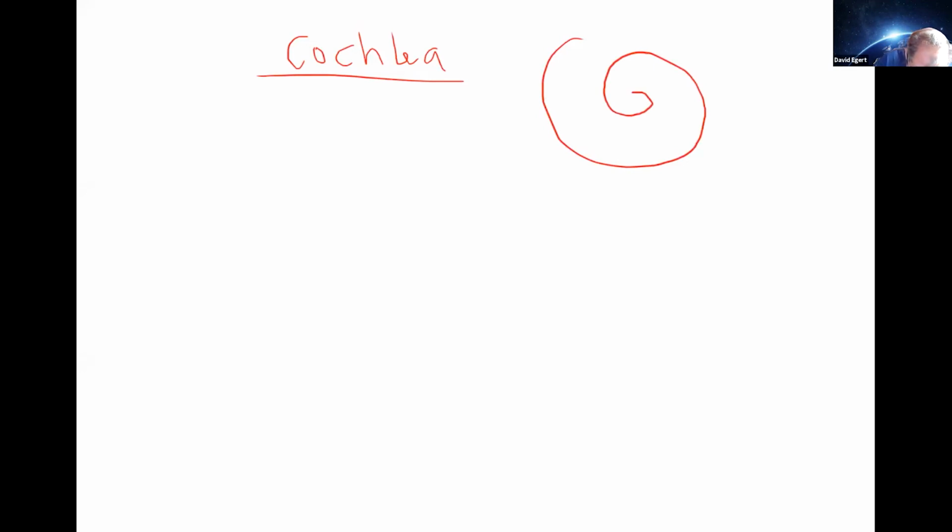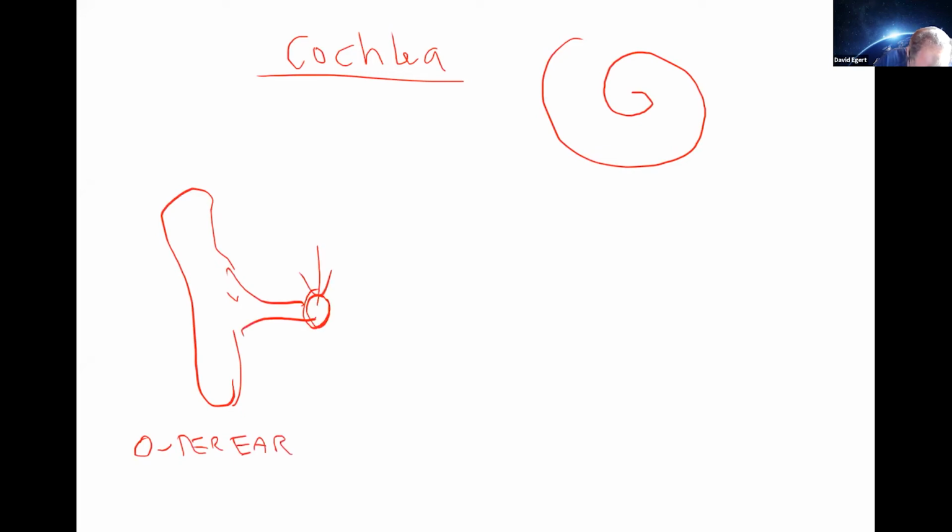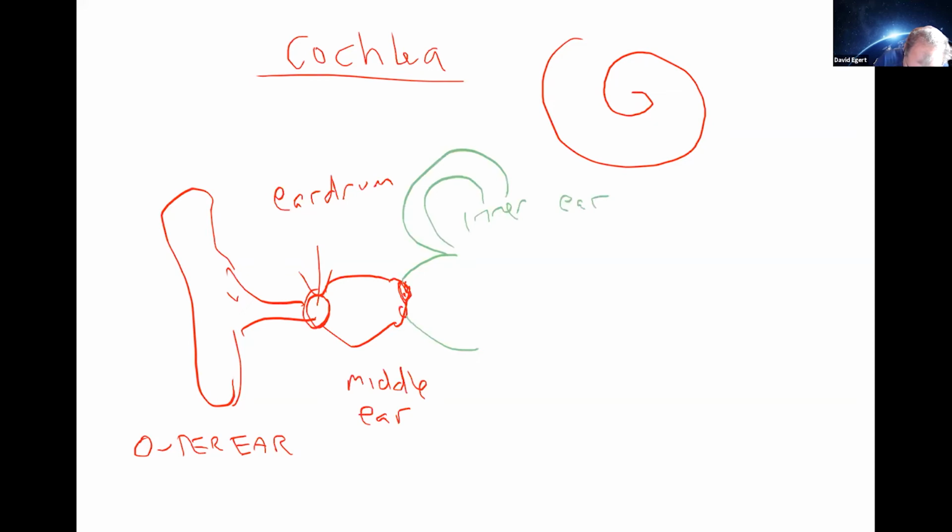If we come back to the outer ear, there's the tympanic membrane, the eardrum. There's the middle ear, and that feeds into the inner ear. Again, the inner ear has the semicircular canals that we've been talking about.